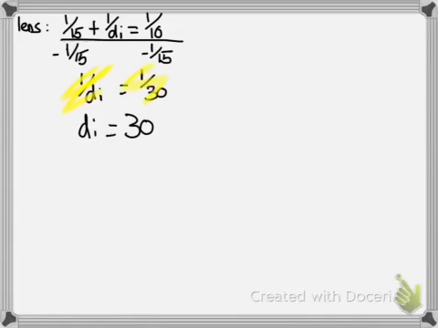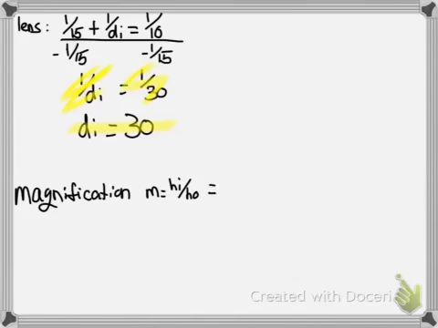Now that we have dI, we can look for our magnification. Remember the equation is m equals hI divided by hO is equal to negative dI over dO.